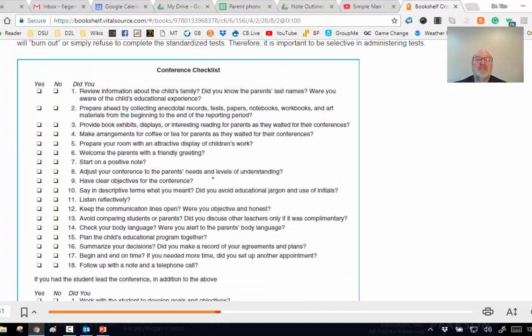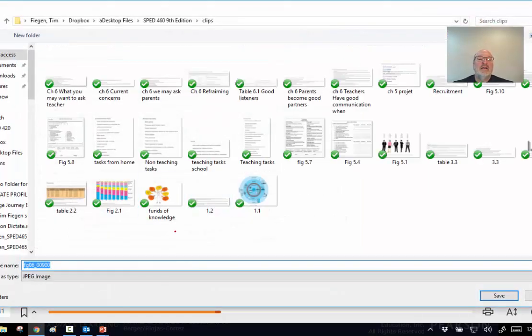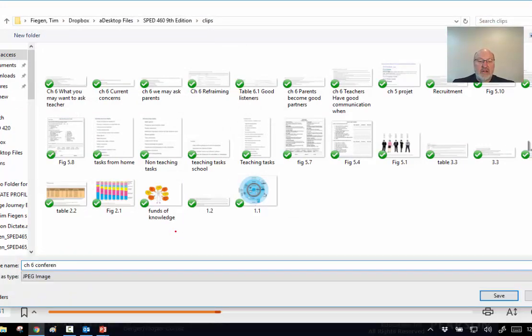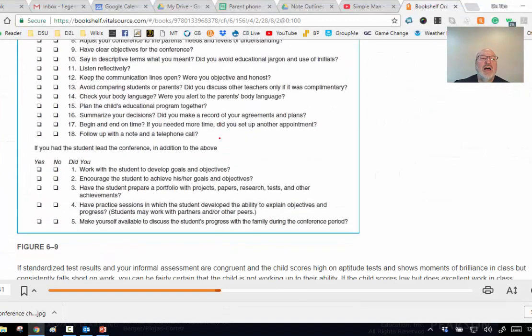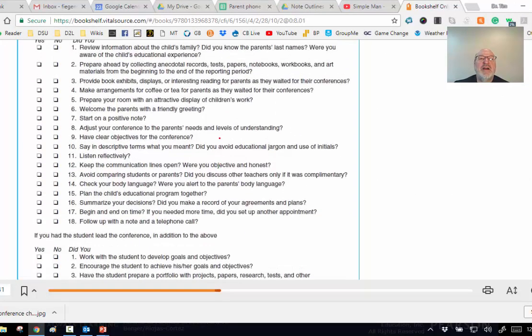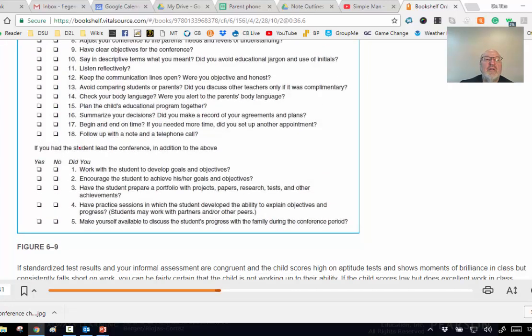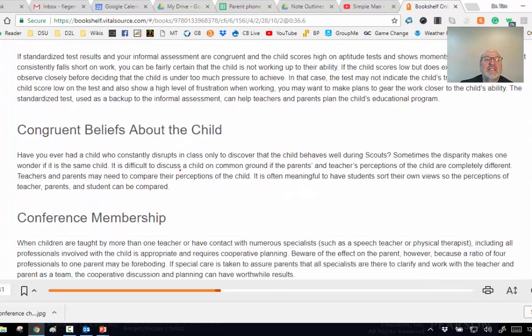I'm going to give you that also for your website, and you're just going to stack these all up so that you have them to review when you get ready to prepare for your conferences. Really well done here, and make arrangements for coffee, tea, have clear objectives. If you have student-led conferences, this.